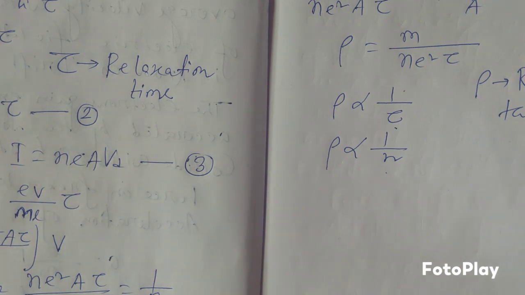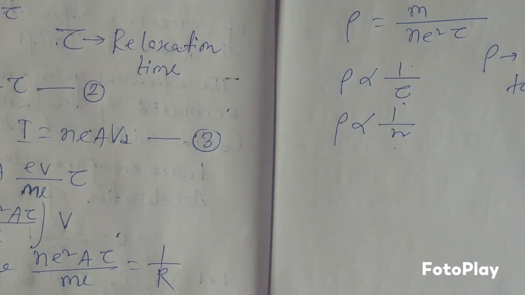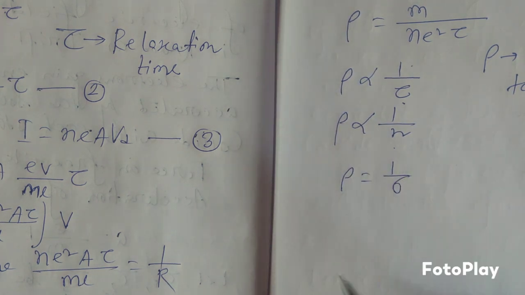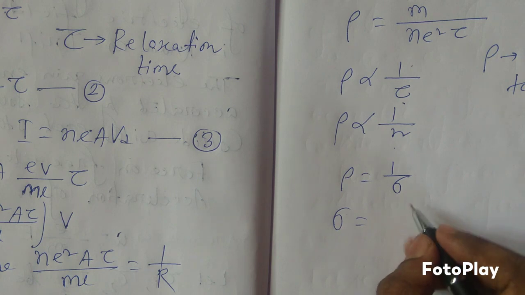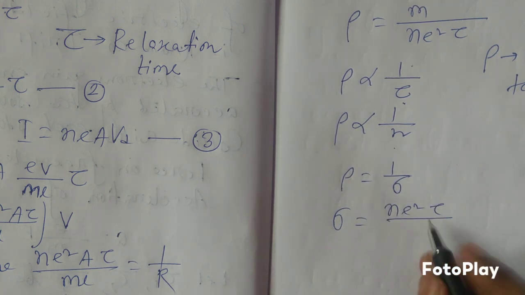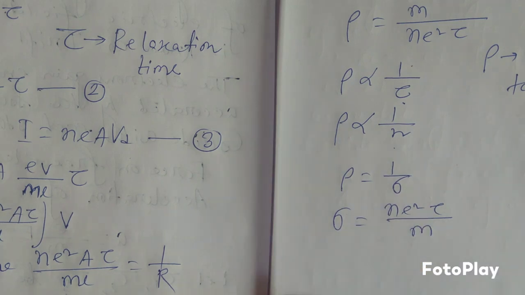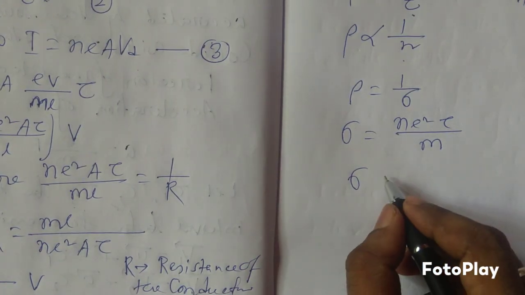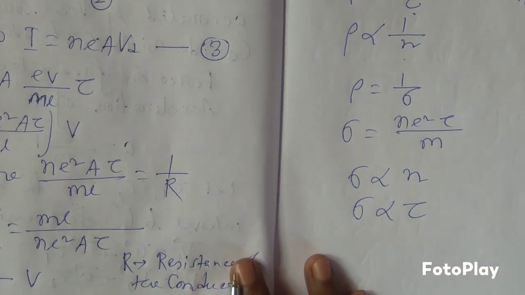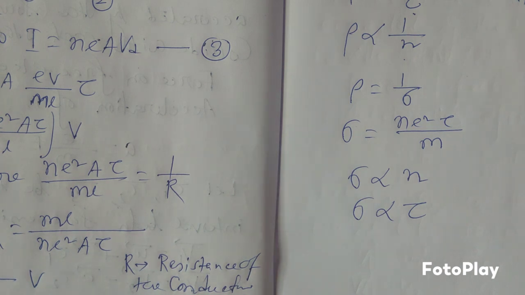Rho has different values in different substances, and we know that rho equal to 1 by sigma. So sigma equal to n square tau by m. So sigma is proportional to n and sigma is proportional to tau. So this is the relation of sigma with tau and n, and rho.